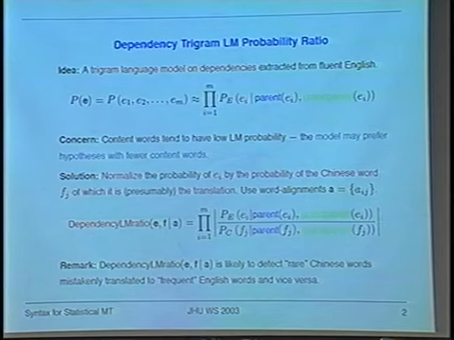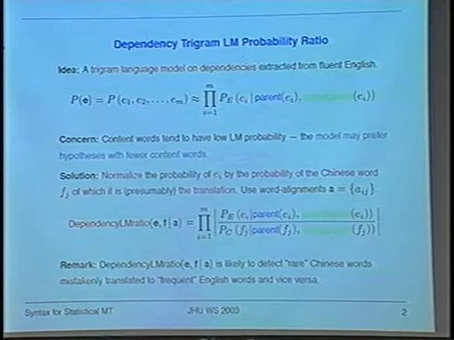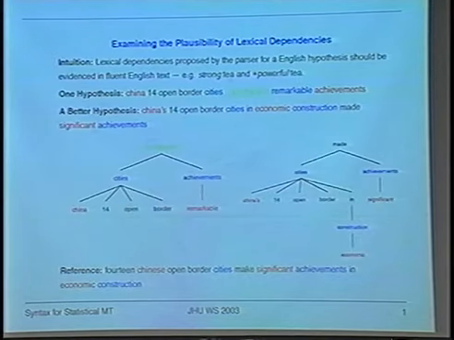Normally when you think of language models, you think of going from left to right: what's the probability of one word given the two words preceding it? For this language model, we asked: what's the probability of one node, "remarkable", given its two preceding nodes, the two nodes above it, its parent and then its grandparent?